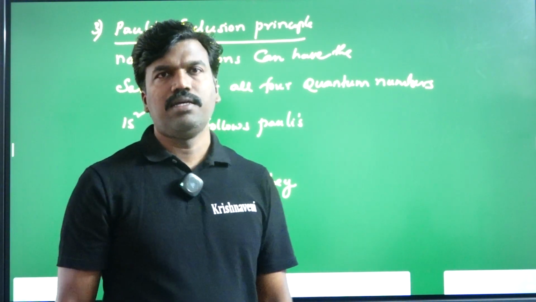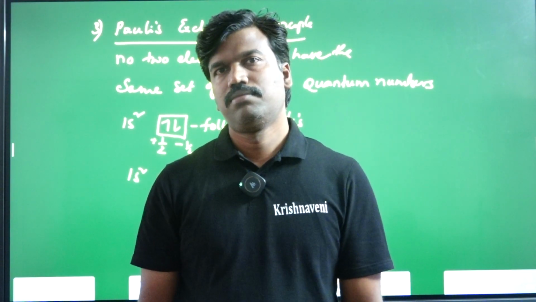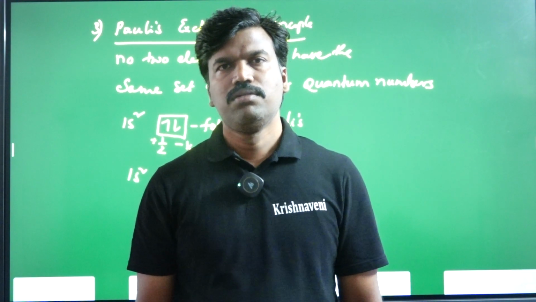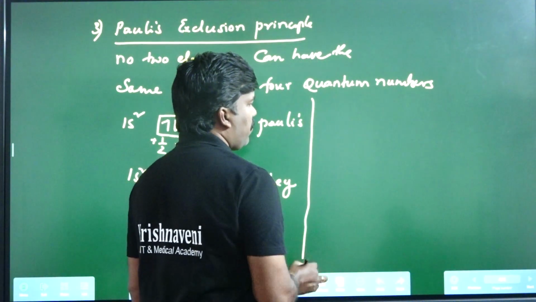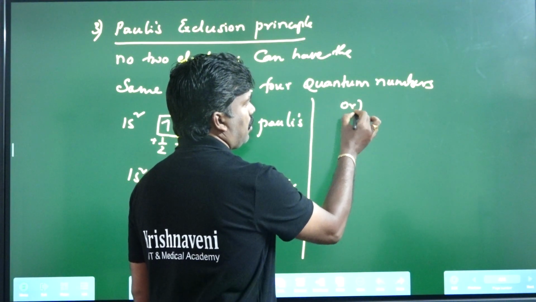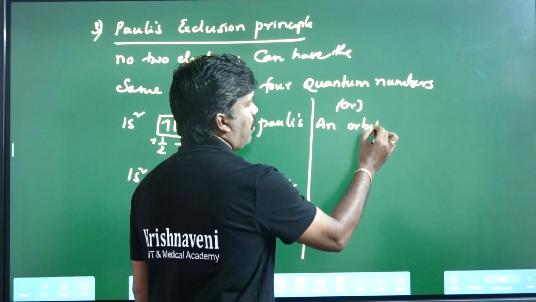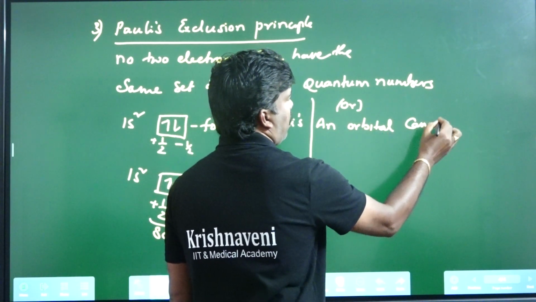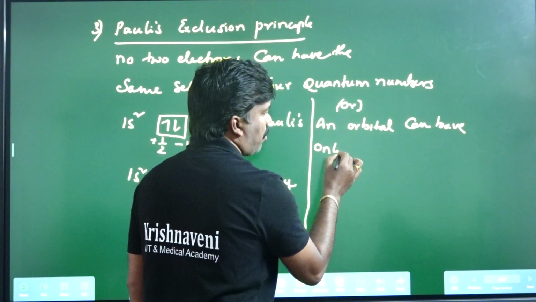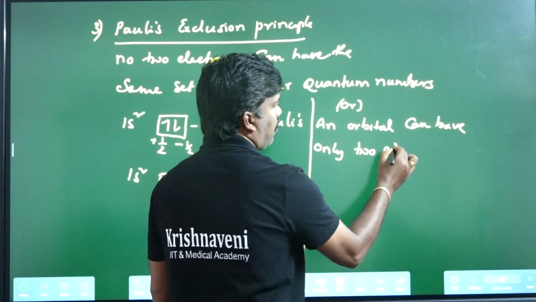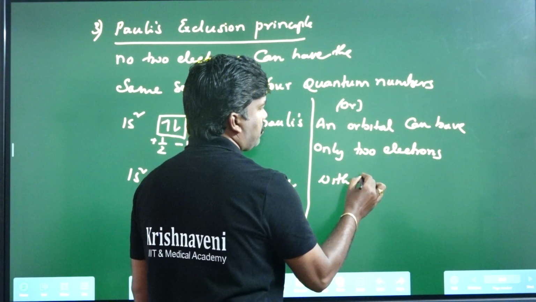And one more thing is, an orbital cannot have more than 2 electrons. That is also according to Pauli's principle. In other words, we can say that an orbital can have only 2 electrons with opposite spin.